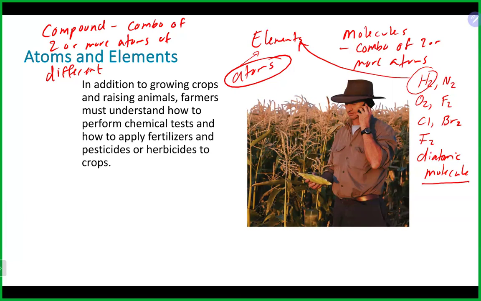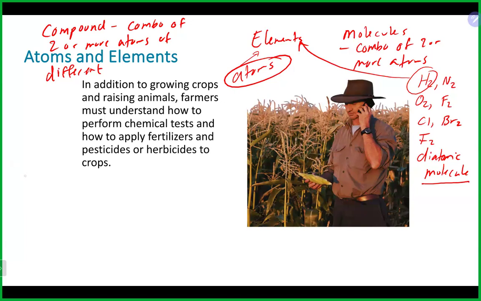So two hydrogens is only hydrogen atoms, so that makes it an element. Two nitrogen atoms coming together is just nitrogen, which makes it an element, but they are also molecules. None of those guys on the right there, H2, N2, O2, would be considered a compound because they only have atoms of one element. There's just hydrogen, for example.